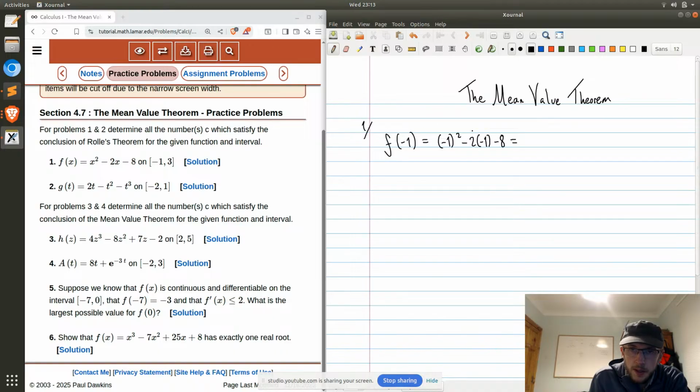That's 1, that's 2, so that's 3. 3 minus 8 minus 5. Compute f of 3. Square it, take the double of it, and take 8. That's minus 5.